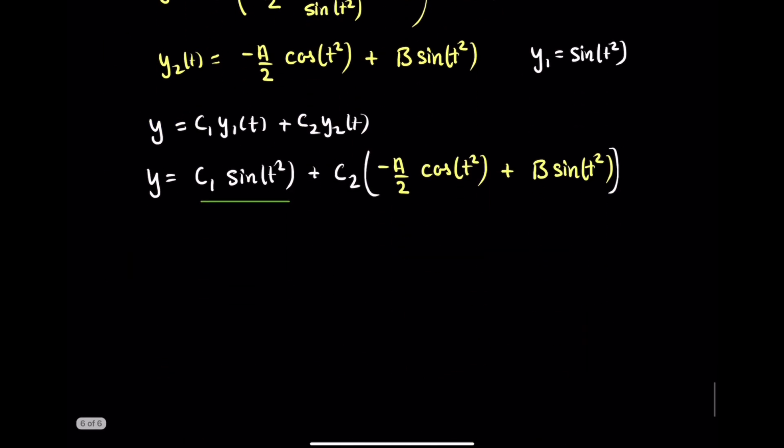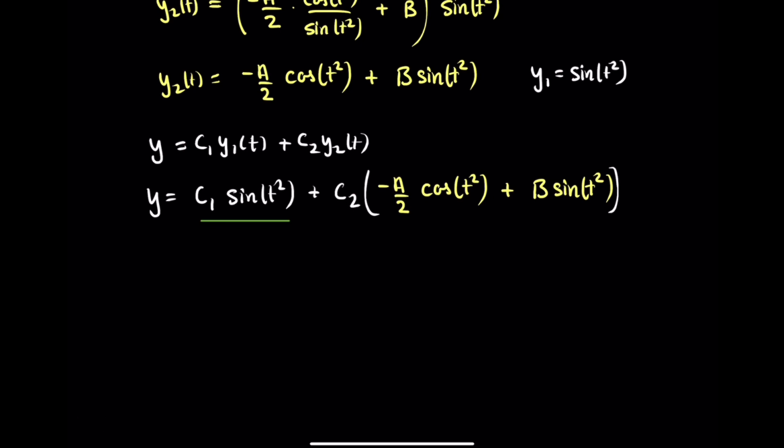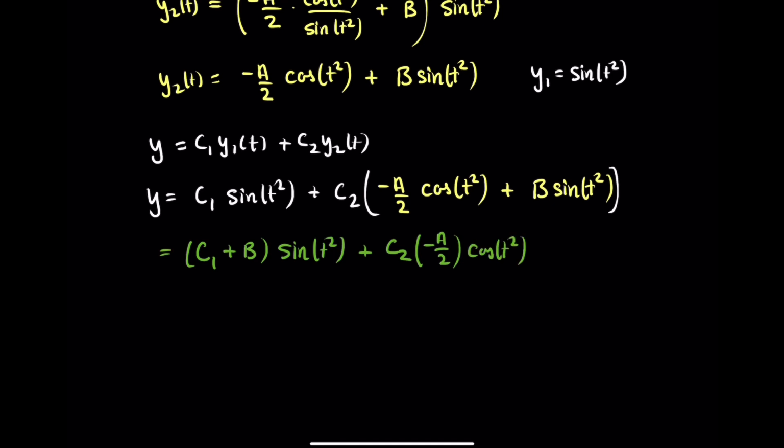So this is redundant and we don't really need that. Or we could be more clear and combine it: c1 plus b sine t squared plus c2 minus a over 2 cosine t squared. You could express it like that.